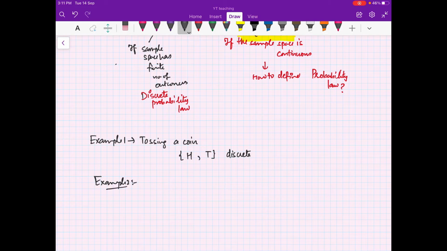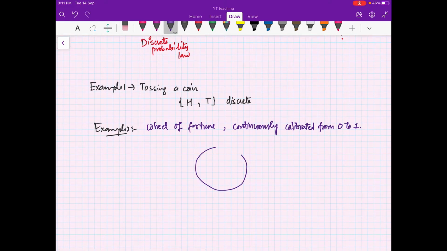Here, the example I'm taking is a wheel of fortune, and it is continuously calibrated from 0 to 1. You have a wheel and you just spin that wheel. You can get any number from 0 to 1.